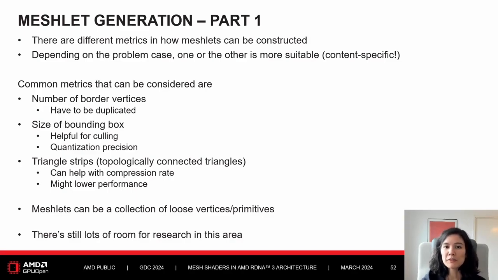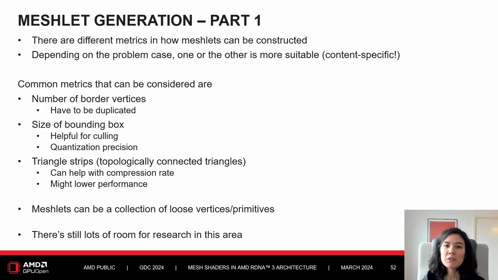You also want to have a small bounding box, because if you have a small bounding box, this helps with culling, and it also improves the quantization position. Lastly, you also want to have triangle strips, so topologically connected triangles. This can also help with compression.